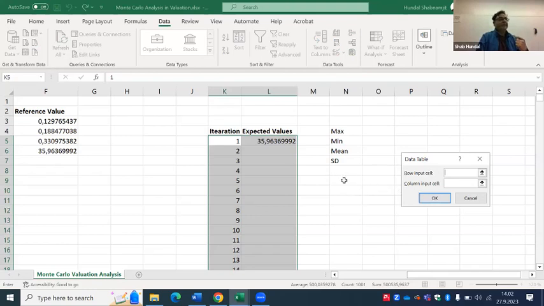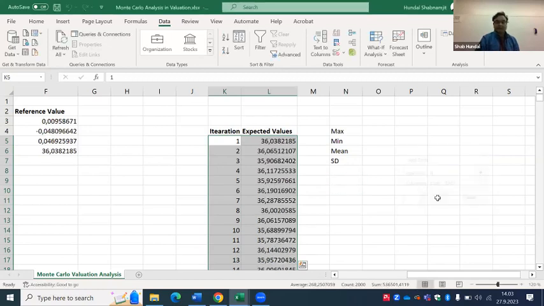Before you click something in the cell, click this cursor somewhere, anywhere, just anywhere, but in a blank cell. Are we all good? And then click OK.